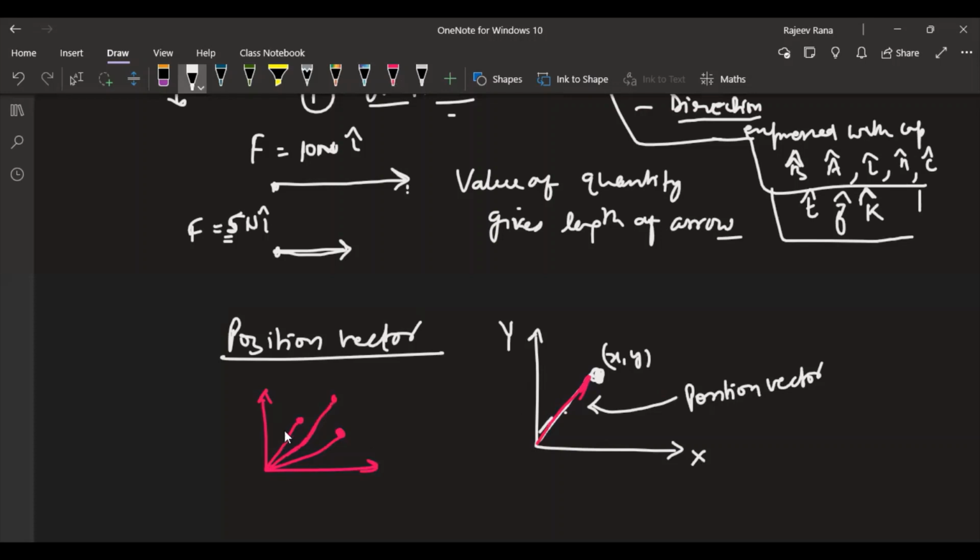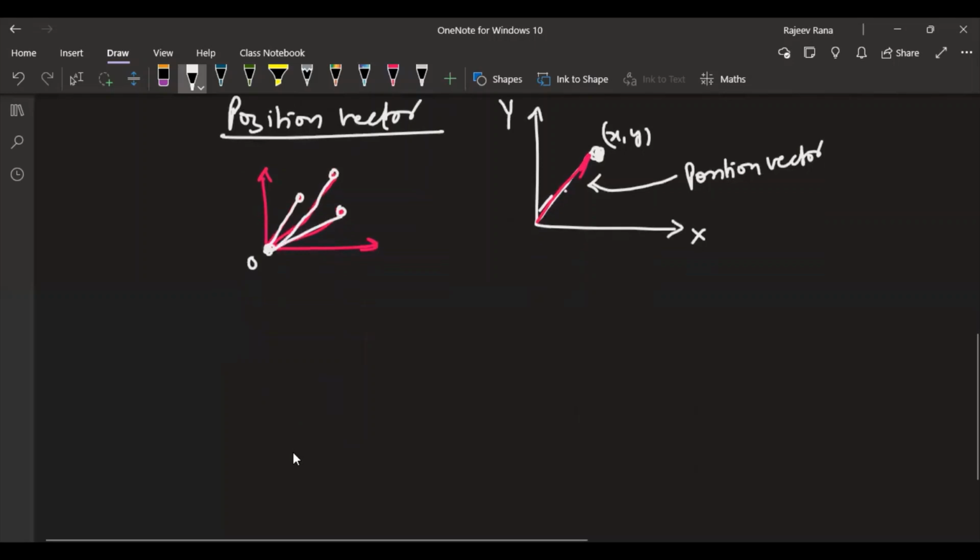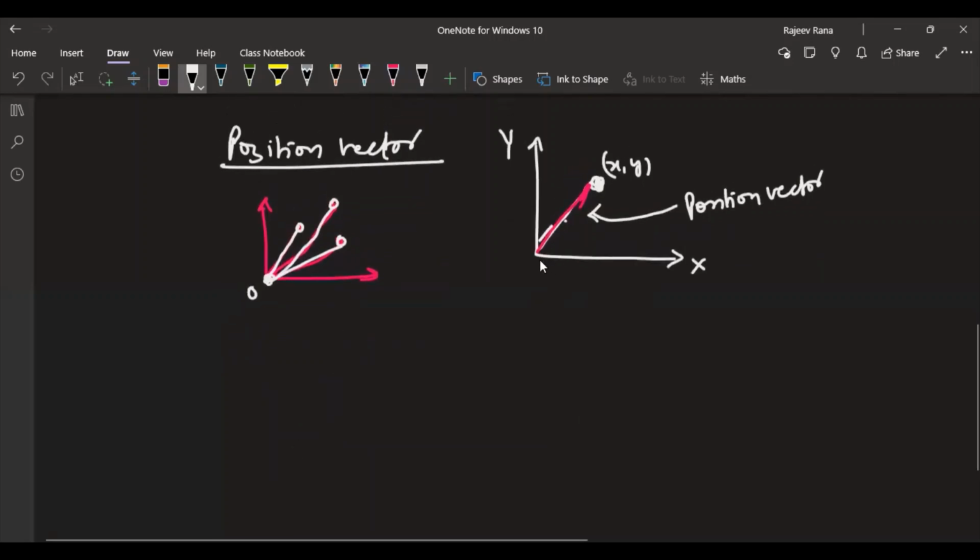Only the white ones are the position vectors here, and the position vector will always start from the origin and go till the object. So if the position vector is written as r, let us say this r is a position vector.